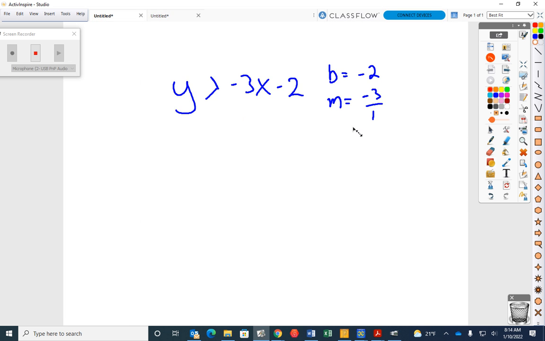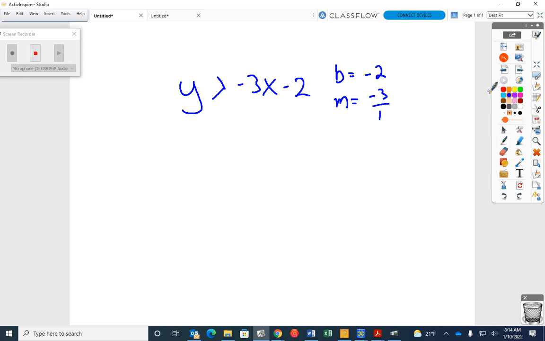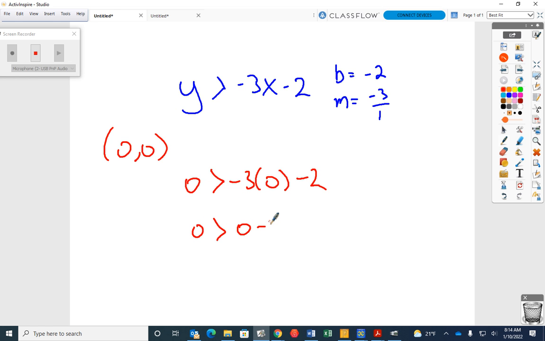If I plug in 0, using my test point of 0, 0, that says 0 is greater than negative 3 times 0 minus 2. What's negative 3 times 0? 0 minus 2 is what? Is 0 greater than negative 2? Yes. Would you rather have $0 or owe me $2? You'd rather have $0, right?